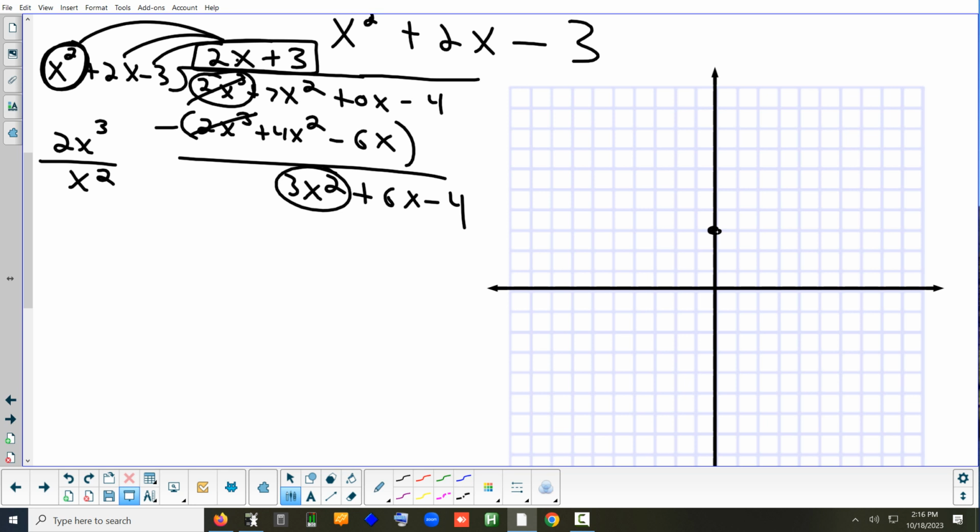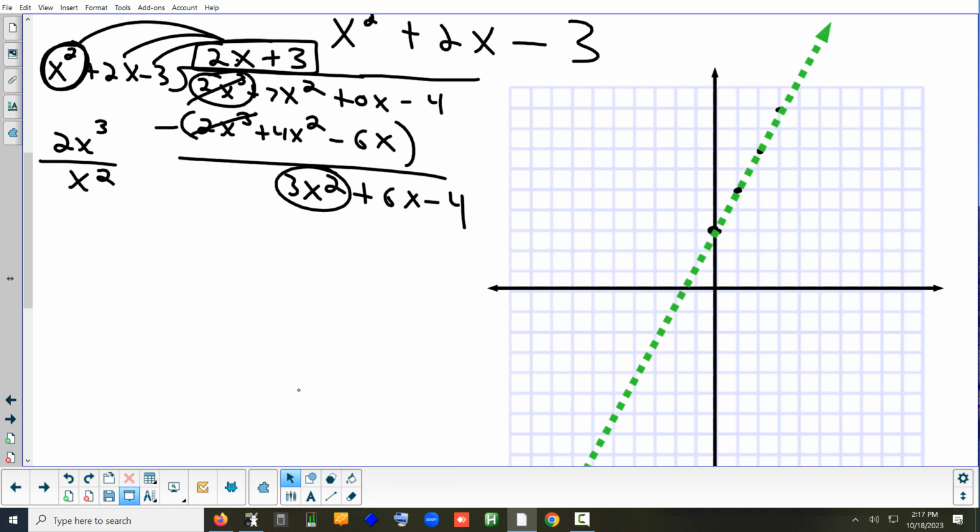Yep. Now remember, this is an asymptote. So how do we usually show that it's an asymptote? Dotted line. Yeah, we'll make it dotted. So when we draw our graph, we're going to have something that's getting closer and closer to that dotted line.